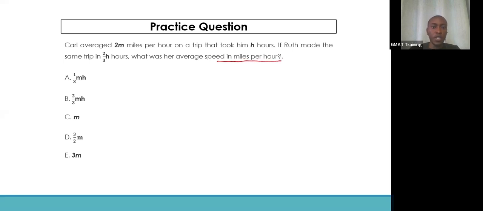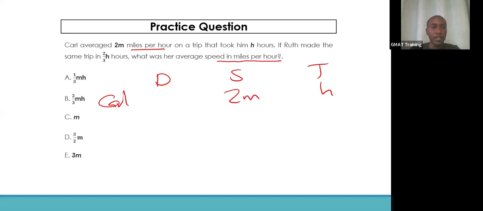Talking about the average speed in miles per hour, let's have a table: distance, speed, and time. For Carl, the miles per hour is speed, not distance, rather. Okay, sorry. So let's have the 2m on the speed, and then H hours for time.